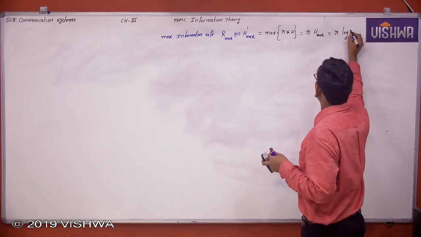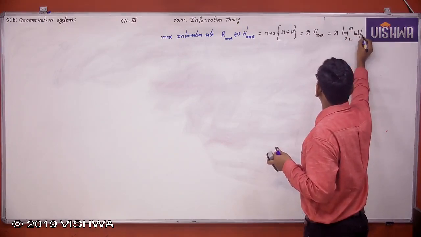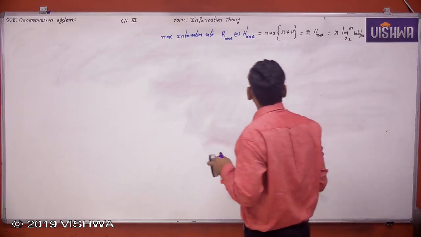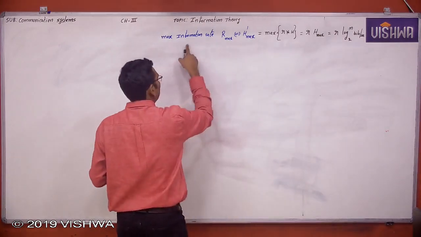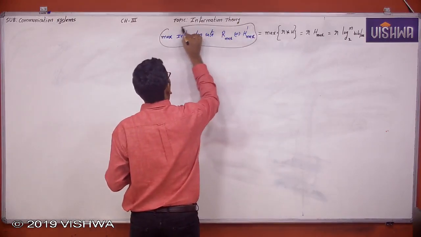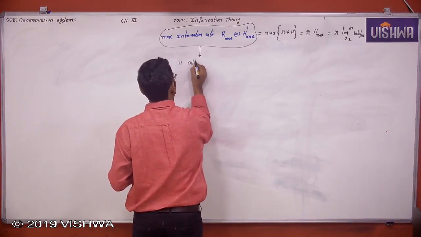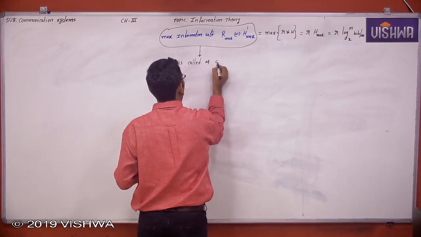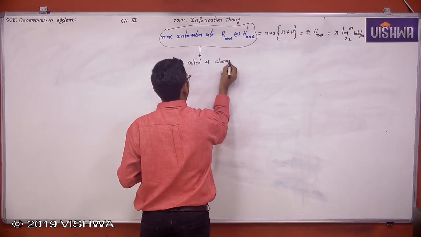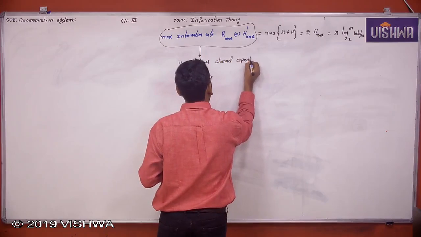Just now we found one formula, log m base 2 bits per second. The maximum information rate is called channel capacity.